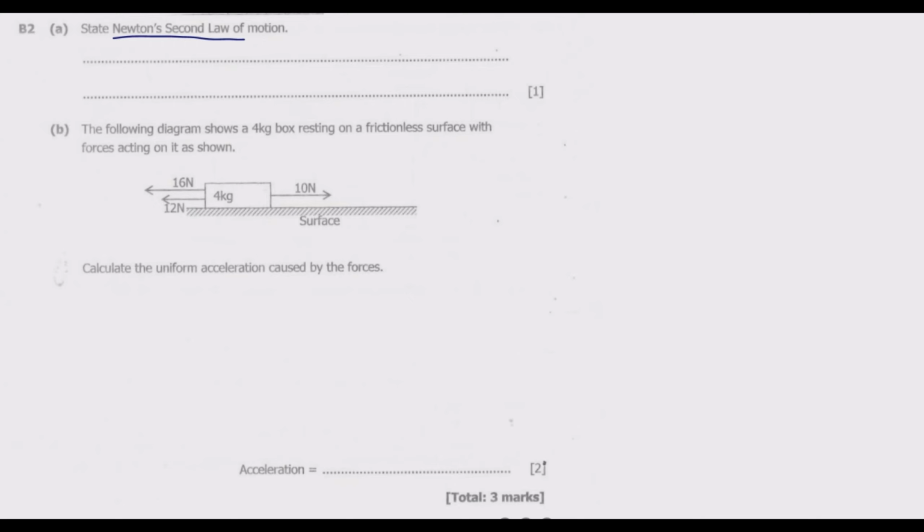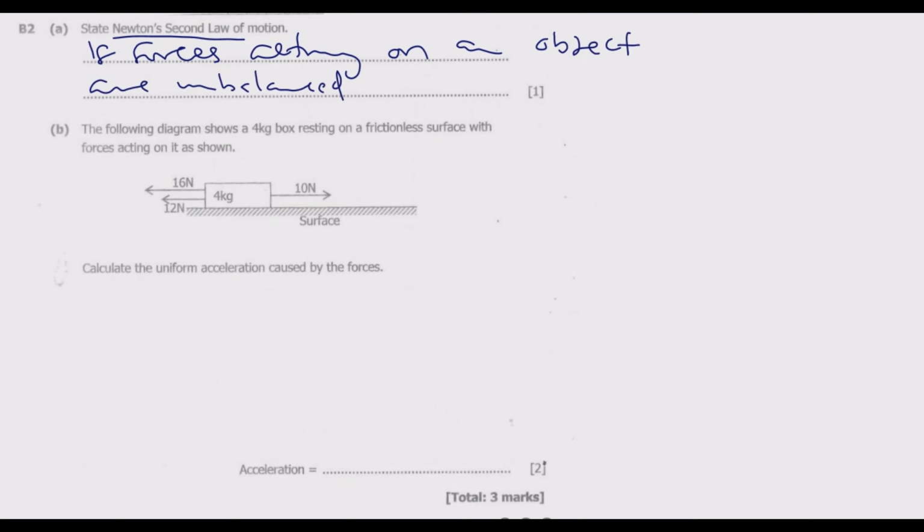So this one states that basically if forces acting on an object are unbalanced, they produce an acceleration in the direction of force.